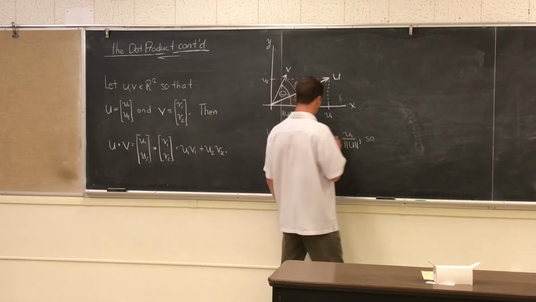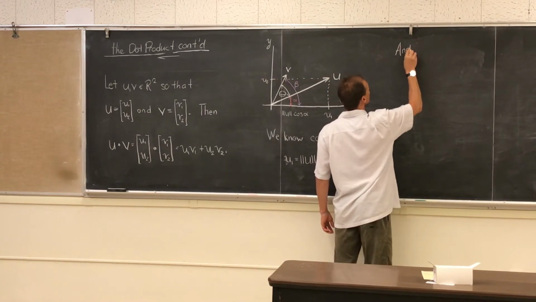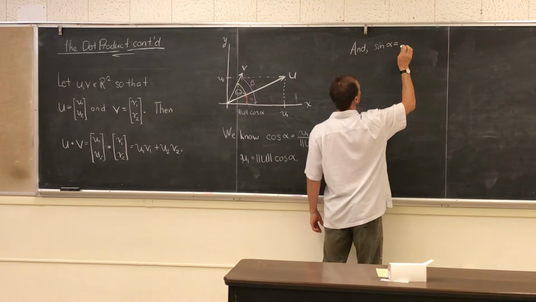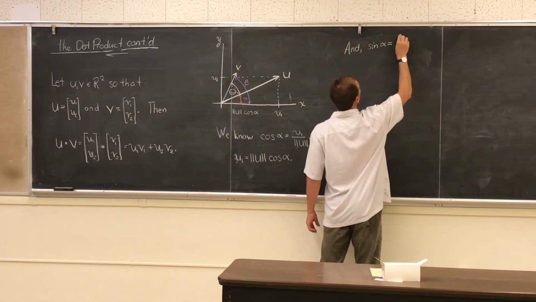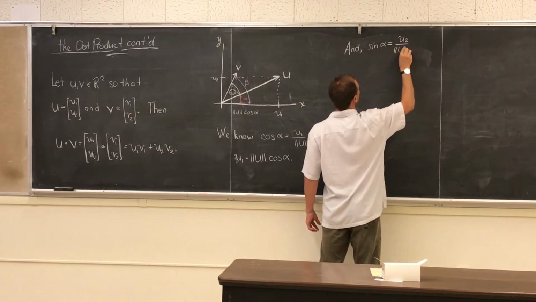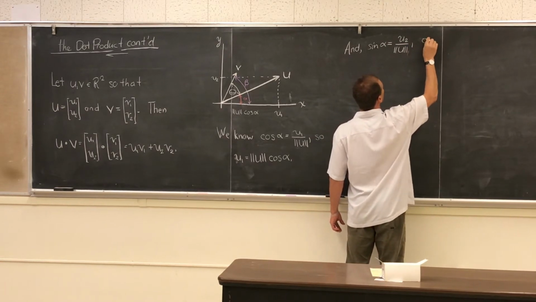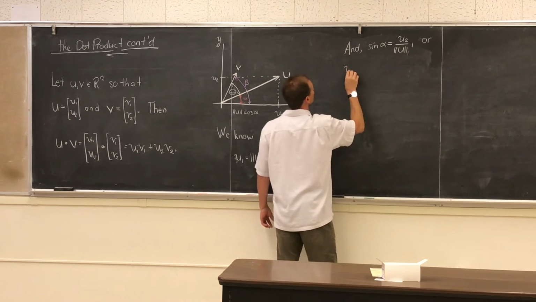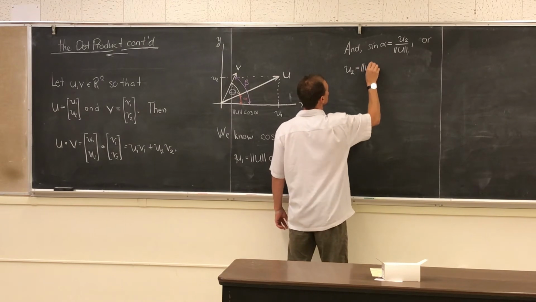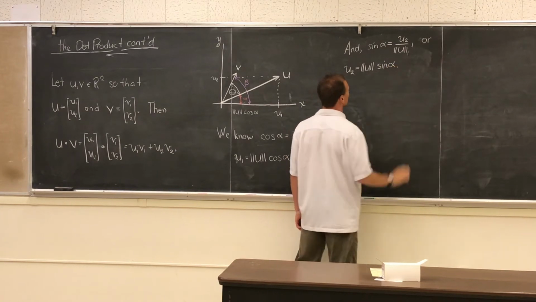So the sine of alpha is equal to the opposite side, that's U2, divided by the length of U. We can write this as U2 is equal to the length of U times the sine of alpha. There we go.